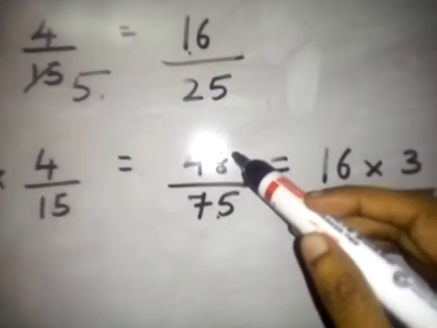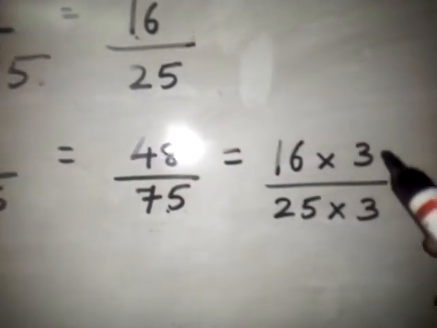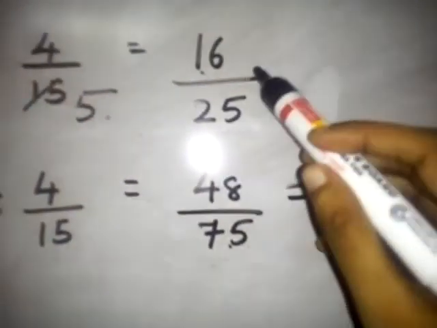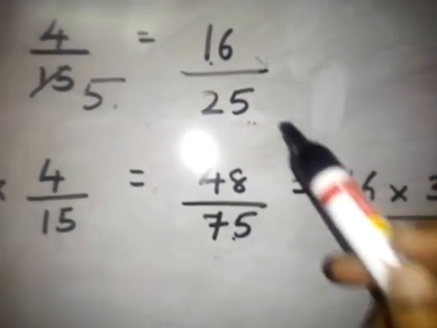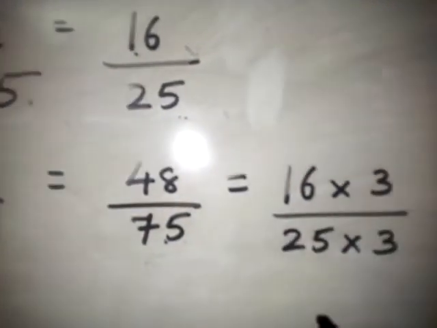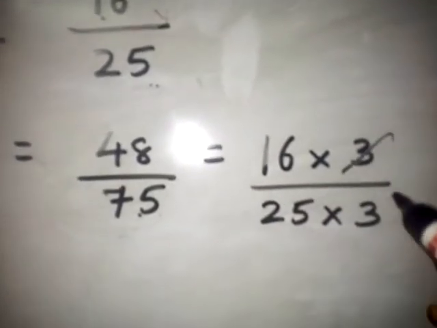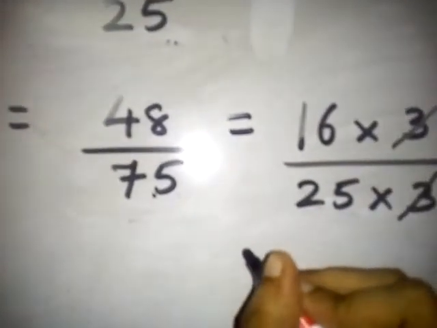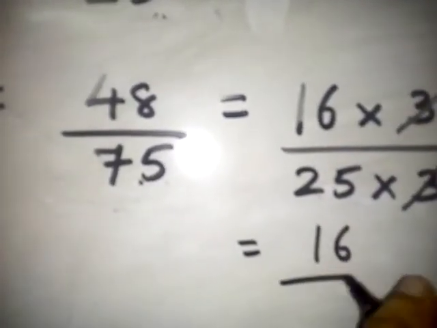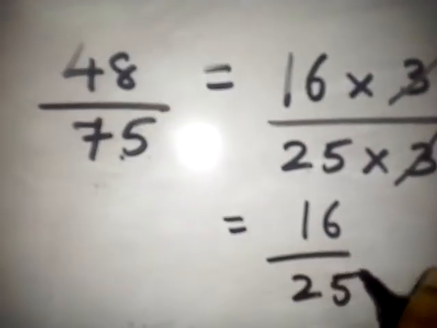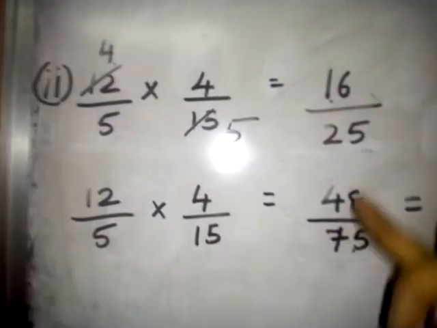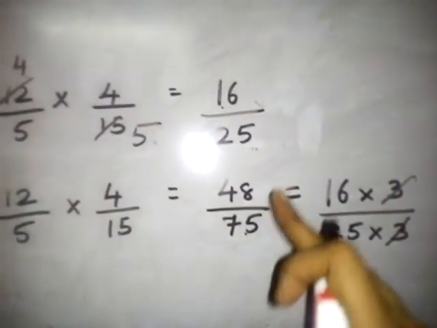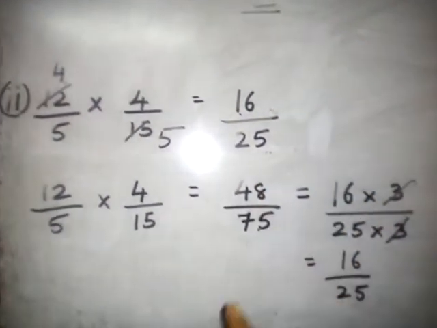Both numbers 48 and 75 are in the 3 table. You can use your common sense and do this. 3 and 3 get cancelled. So your answer is 16 upon 25. Out of these two methods, you can use any one method which you feel easy.